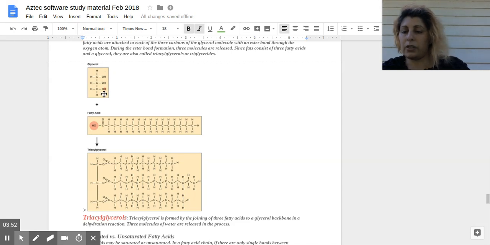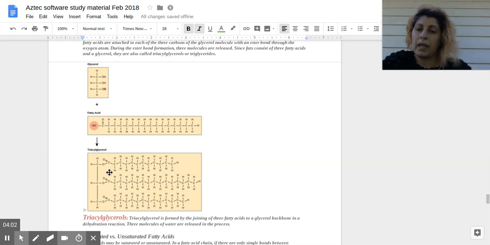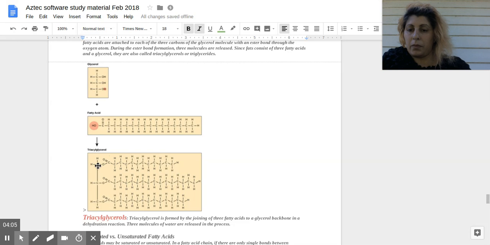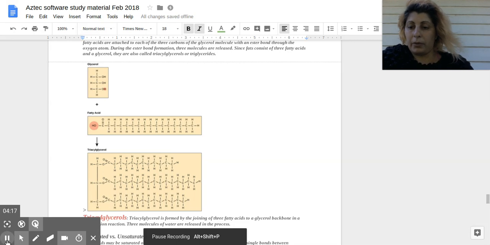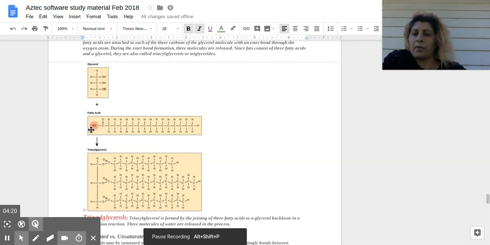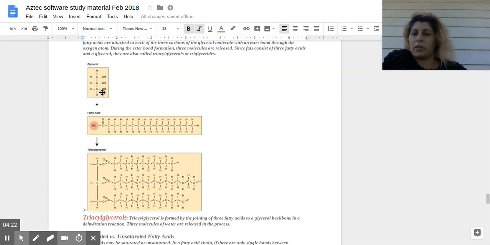So three H2O are lost in order to form the triacylglycerol molecule. Three molecules of water are lost, and an ester bond forms between the glycerol and the fatty acid chains, forming this fat molecule.